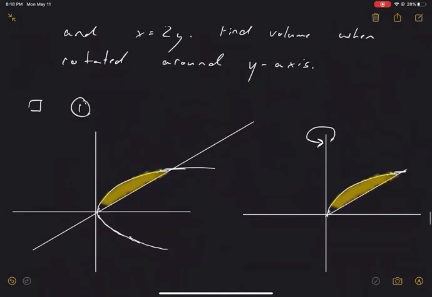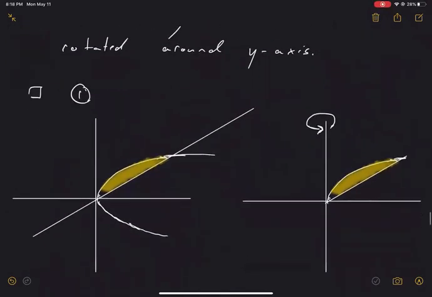So step one, drawing our 2D region. This is stuff carried over from section 6.1. We've got to find that region enclosed. So this is the curve x equals 2y, which is the same thing as y equals x over 2.